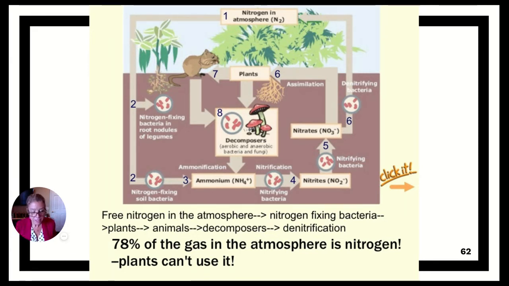Plants incorporate nitrate into their body tissues, then it can go to animals, and eventually to decomposers who return it to ammonia in the soil. This is the part you want in your notes: return it to ammonia in the soil.